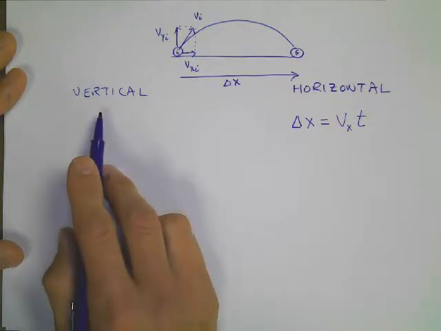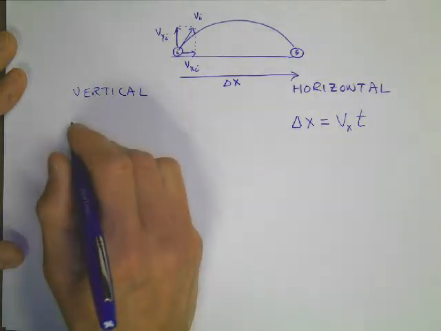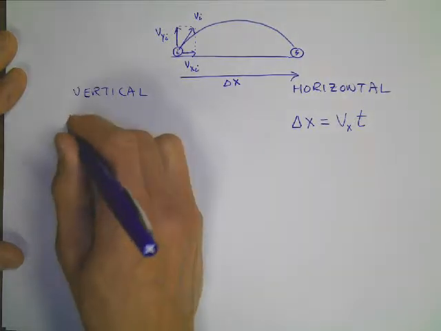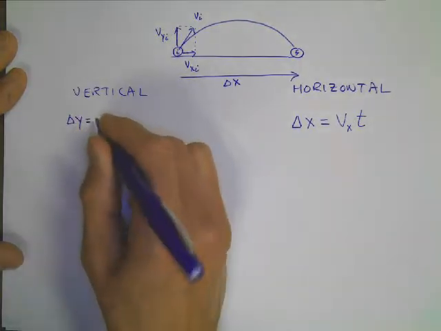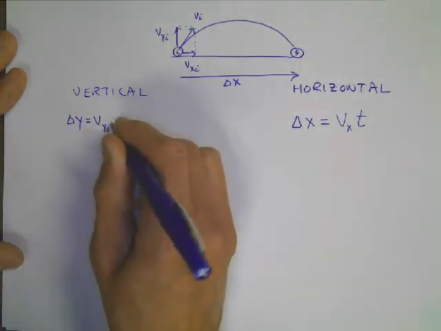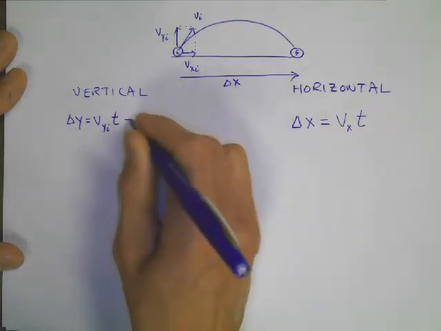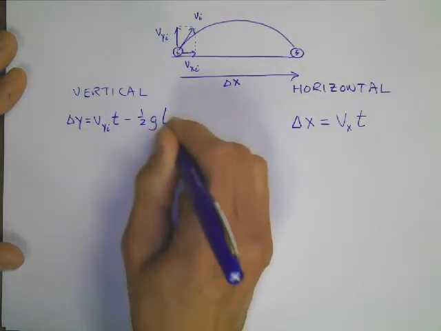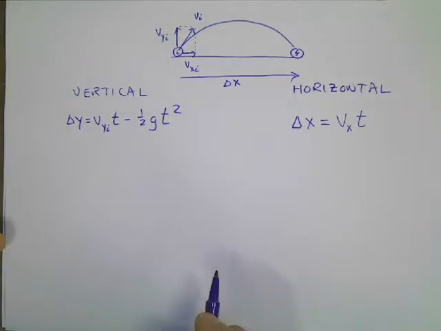So let's go into the vertical direction. In this particular case, since the particle is going up and coming back down, we know that its displacement is going to be 0. So I'm going to write delta y is equal to Vy initial times t minus 1/2 g t squared.